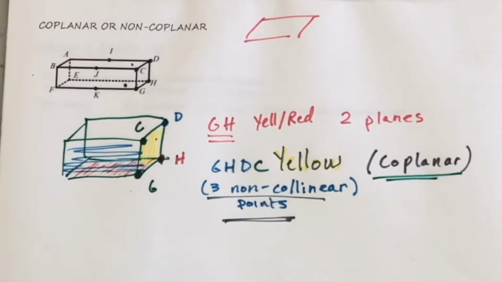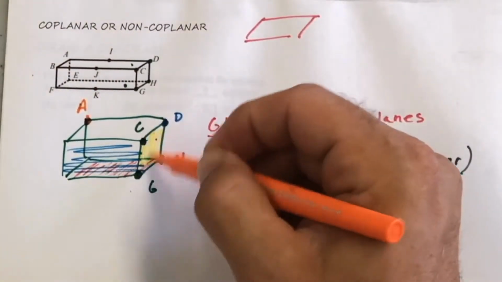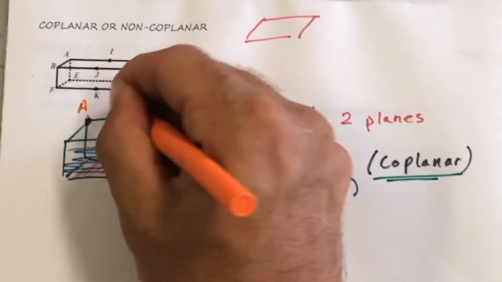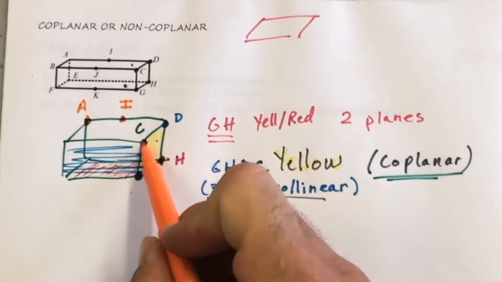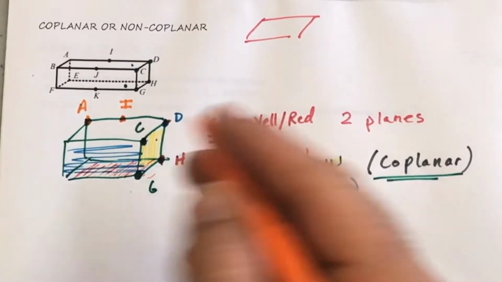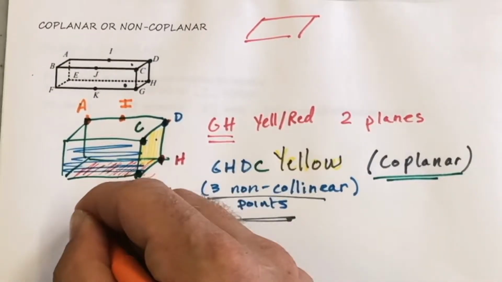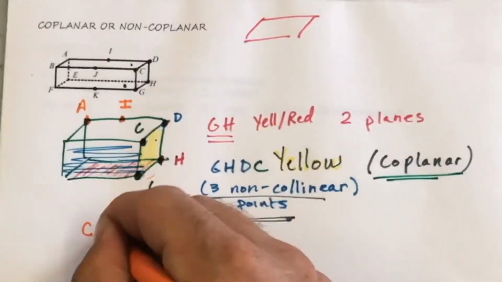If you want to add something to be non-coplanar, maybe throw a non-coplanar point out there, you look at A as being non-coplanar to these 3 points. You could even say I is non-coplanar. Yes, I is coplanar to C and D, but if we were saying, what's a point non-coplanar to C, D, and G?